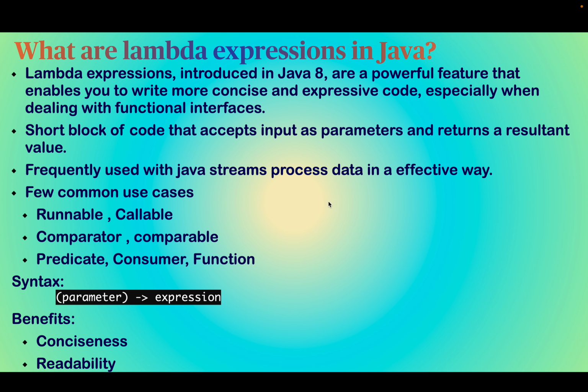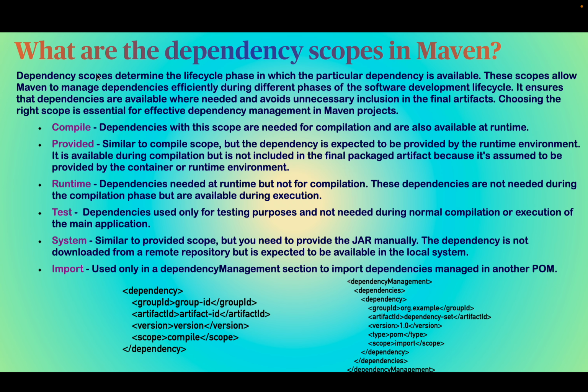So what are the dependency scopes in Maven? To answer this question, we need to know what a dependency is. Dependencies are the things that are required to run an application. If we are adding a dependency, in which specific phase of the software development cycle do we need that dependency?